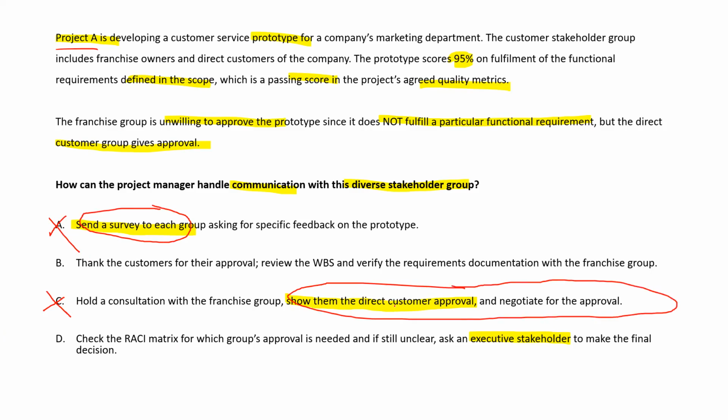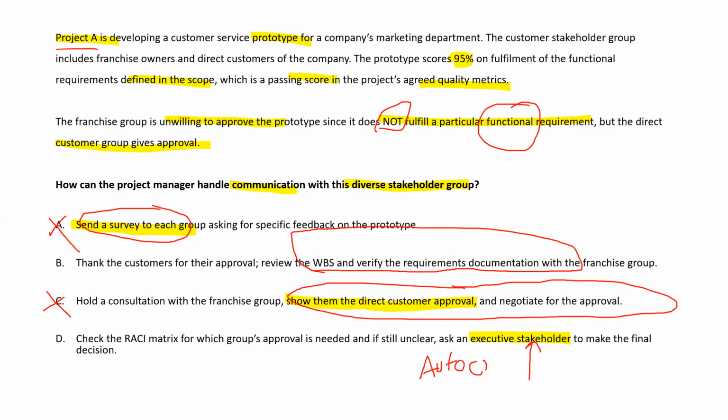So remaining B and D. Because it is related to the functionality, you have to go and check because they are saying it's not fulfilled. So what do you have to do? You have to go and check the WBS where things are missing. Going to an executive stakeholder means you are giving them autocratic decision making, and it is not the right approach.